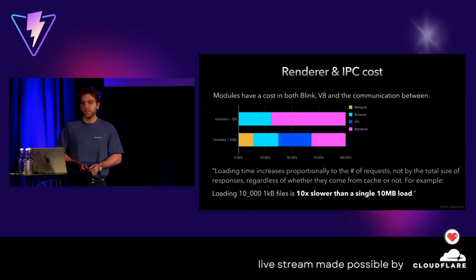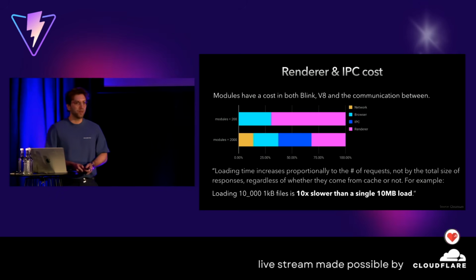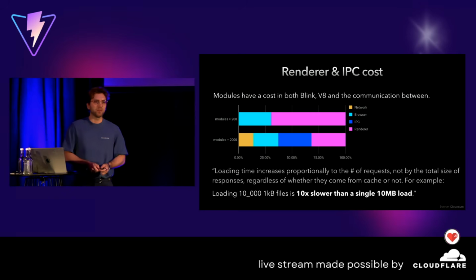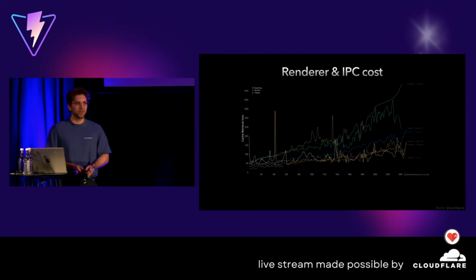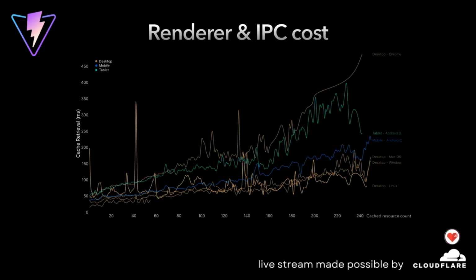Okay, now you might say, Jacob, I'm not loading 2,000 modules, and I'm also not loading 200 modules. Why am I here? And I have another graph for you. This is something Simon, linked on the bottom right, did a few years back, also research on how much it costs to retrieve cached files.